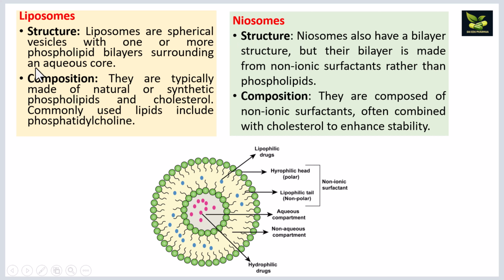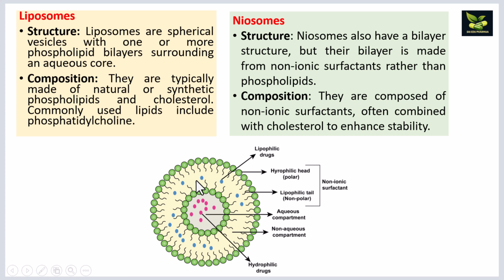If we see the comparison of structure, liposomes are spherical vesicles with one or more phospholipid bilayers surrounding an aqueous core. Here you can see this is the aqueous core and this is the lipophilic area, because they have surfactants and surfactants have a polar and a non-polar end.